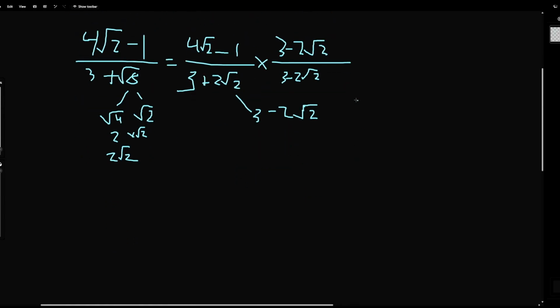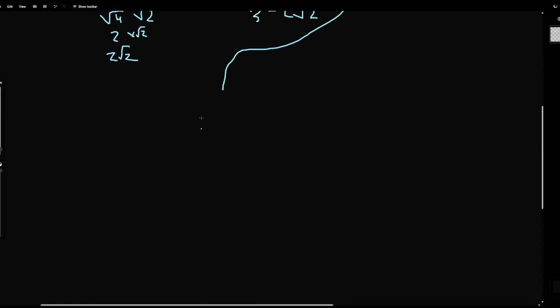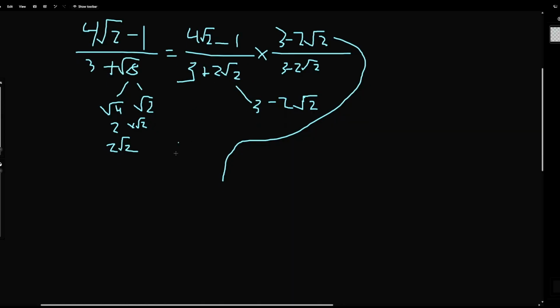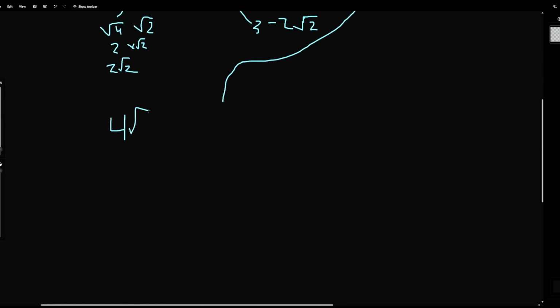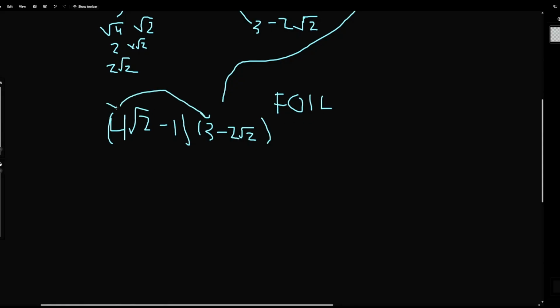And if we take the numerator over here, we had (4√2 − 1)(3 − 2√2). And for this we can just use FOIL: first, outside, inside, last. This is just the order we multiply the terms by.